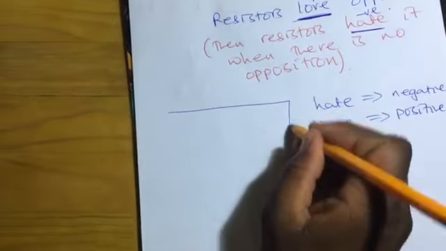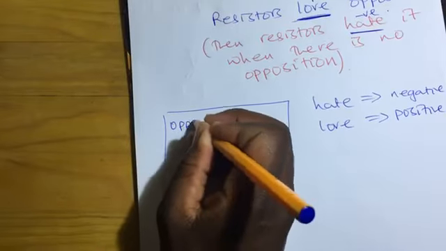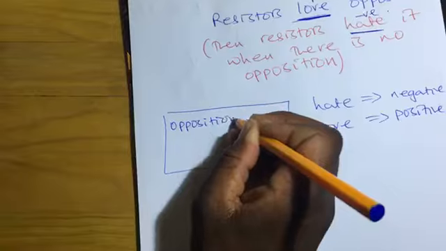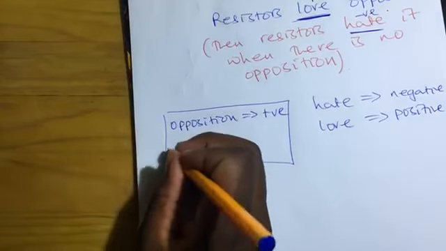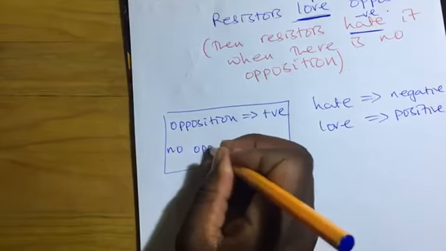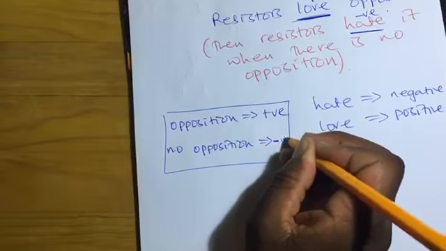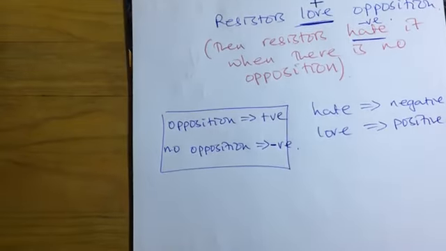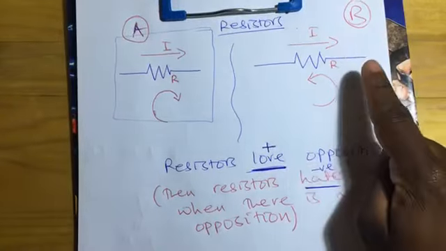So let me write that. If you see opposition, we're going to have a positive voltage. If you don't have opposition, then you're going to have a negative voltage. Okay. So, setup B, we can see opposition.